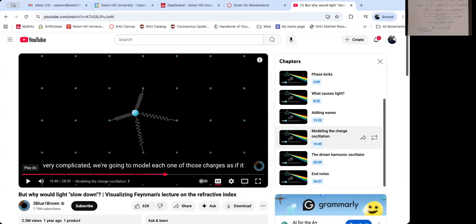This is the 3Blue1Brown video on why refraction works. And it is based on nothing more than treating atoms like springs and weights. People, I would be blind as a bat if we couldn't bend light by changing the material it goes through. That's how lenses work.